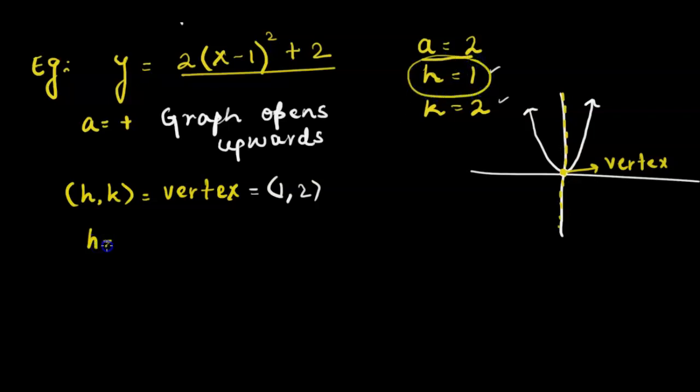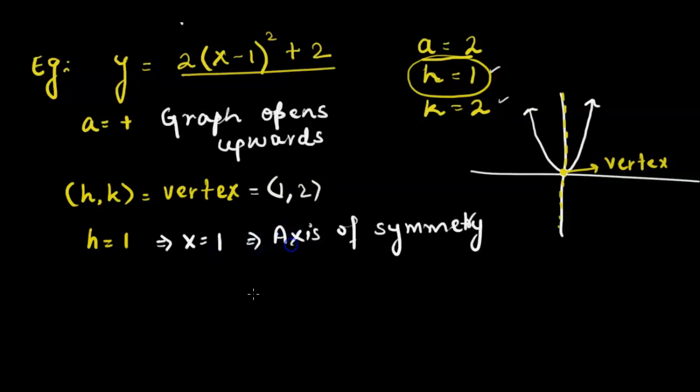Since h is 1, the axis of symmetry is represented as the equation of the vertical line that passes through the graph right in the middle. So we write it as x = 1 in this particular example. Always remember, the axis of symmetry is written as the equation of the vertical line that passes through the middle of the graph.